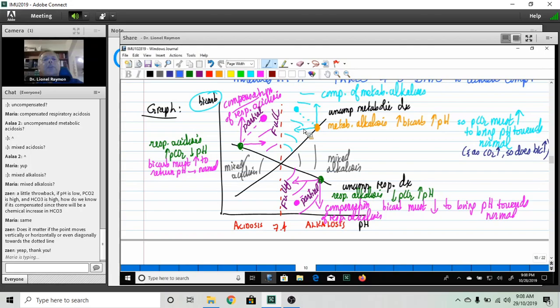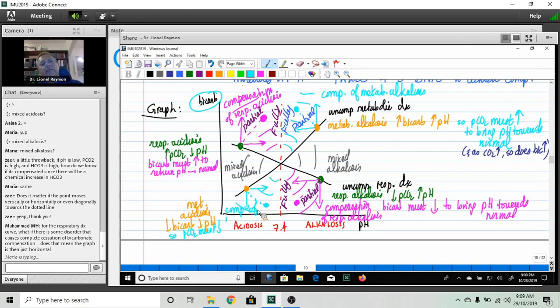And now you see that in this final wedge, you have the compensation of metabolic acidosis. And as you have this, once again, you could say on the diagram, anything in the middle of the wedge is partial, anything closer to 7.4 is fully compensated.